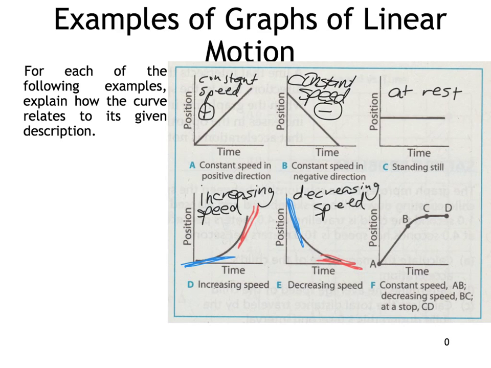And the last graph is sort of the doozy. It mixes pieces of all different kinds of these graphs. Firstly, it does say that between sections A and B, that the slope is constant and therefore the speed is constant. It's also positive there, so I would just say between A and B it's constant positive speed. Between B and C, you have a flattening of the slope towards the top.